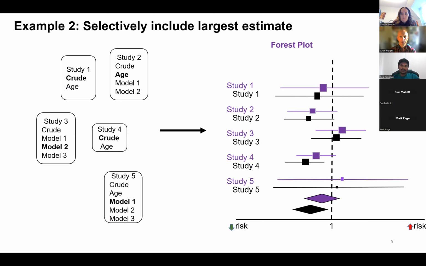On the other hand, if you see the black lines as well as the squares here, in this case, the systematic reviewers did not pre-specify a decision rule to select an effect estimate when multiple effect estimates were available from a study, and instead they chose effect estimates that were showing the largest decreased risk.